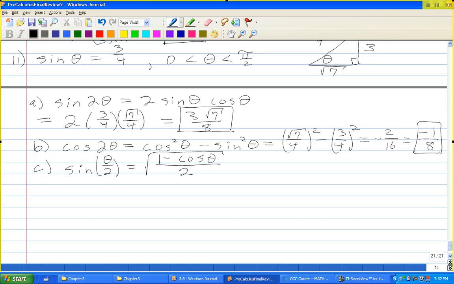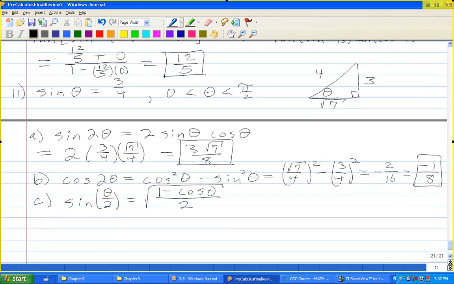And we are in the first quadrant. So sine is in the first quadrant. If you take half of that angle, it's still in the first quadrant. So it's the square root of 1/2, 1 minus cosine of theta, but cosine of theta is rad 7 over 4.